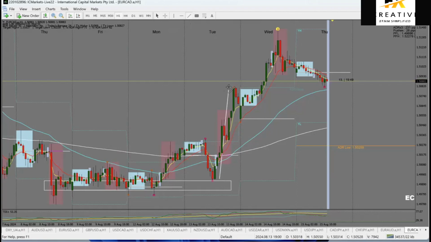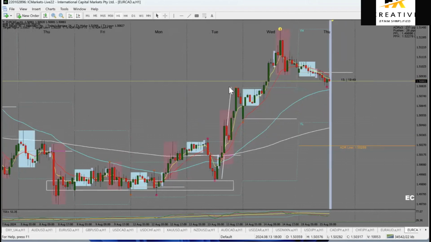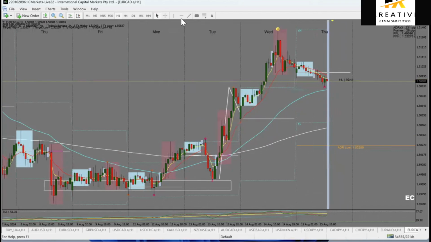And then the dealer gave me a pullback and he moved up again. Now, what is he doing? He's being attracted by the 50 EMA.